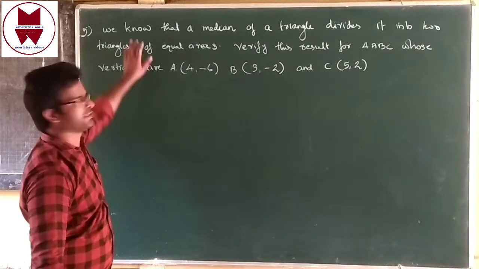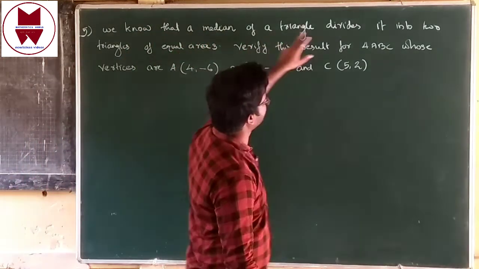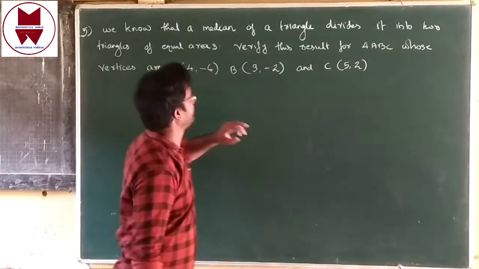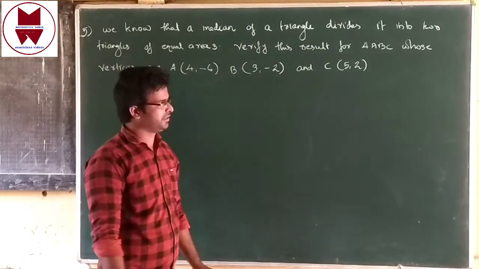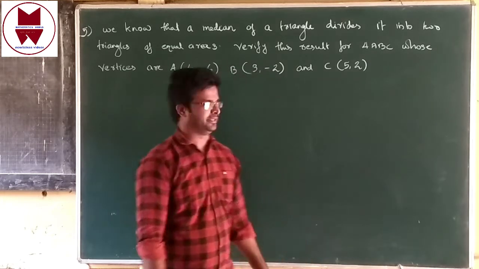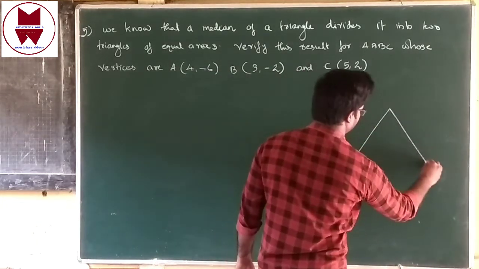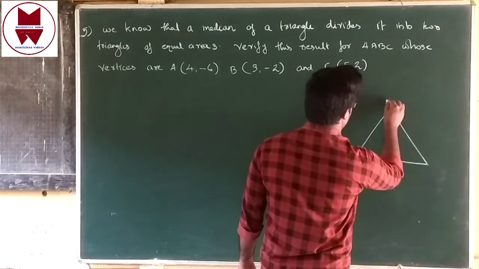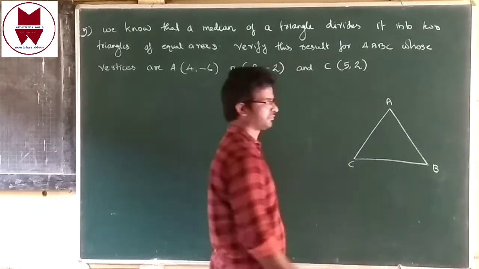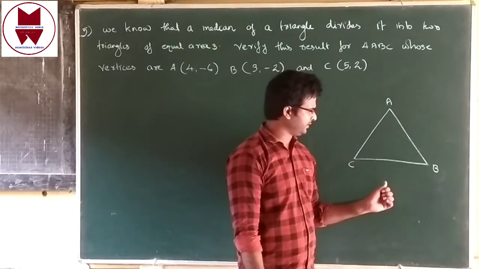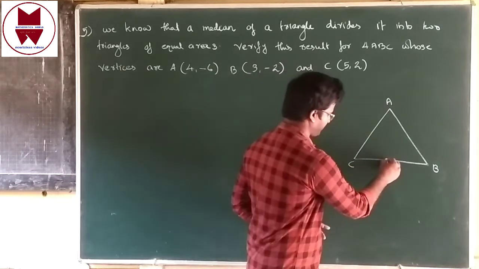We know that, already we have studied in class 9, the median of a triangle divides it into 2 triangles of equal areas. First we can see what is median. Just consider one triangle, triangle ABC. Then we can see this BC, midpoint of BC in here.